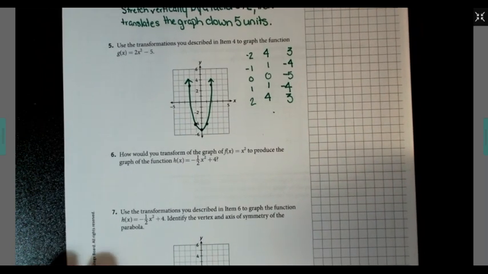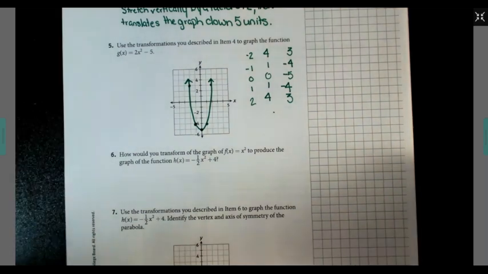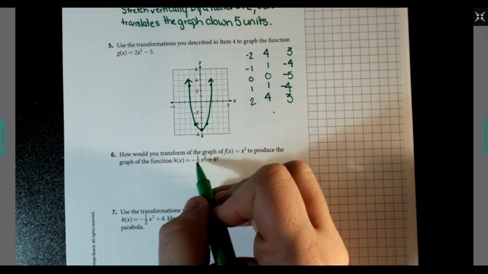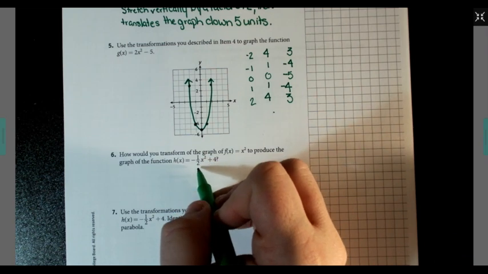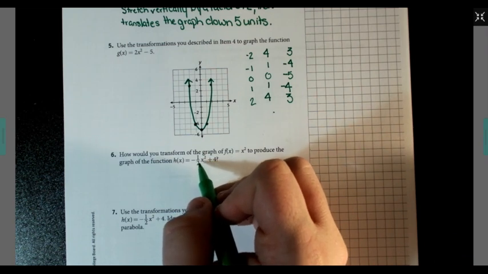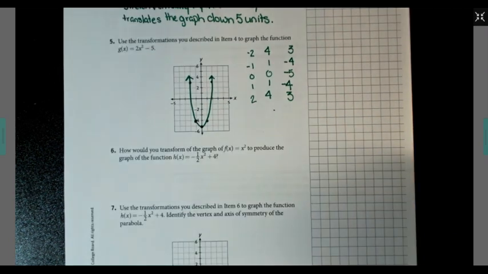How would you transform the graph of f of x equals x squared to produce the graph of the function negative 1/2 x squared plus 4? Well, first, we're going to shrink it vertically by a factor of 1/2 and reflect it over the x-axis.